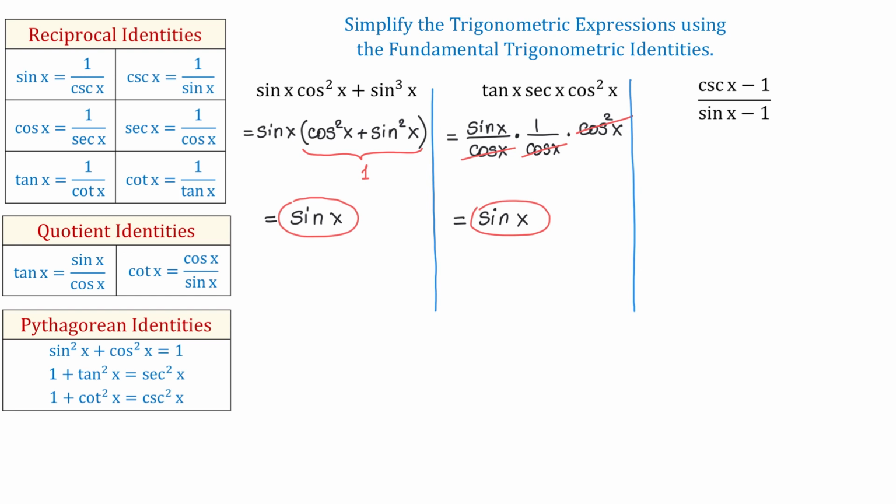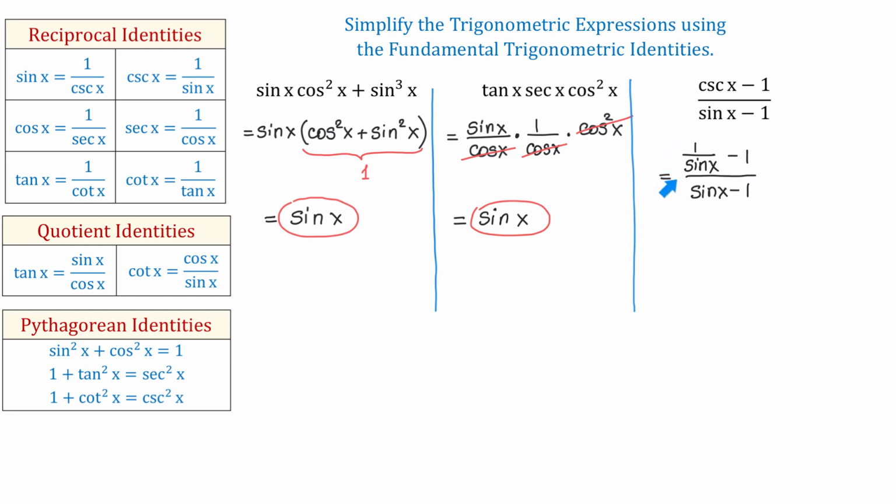So in this expression, I will write cosecant of x as 1 over sine of x. So then, I will have 1 over sine of x minus 1 over sine of x minus 1.